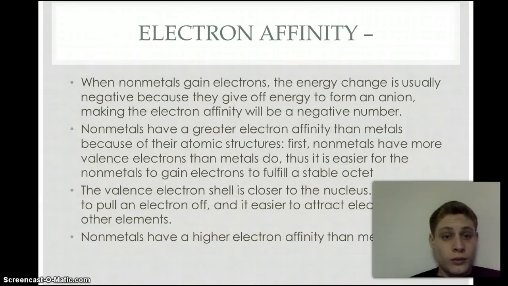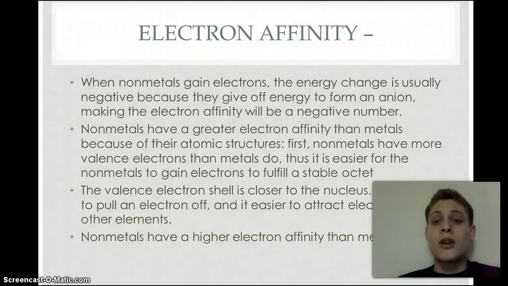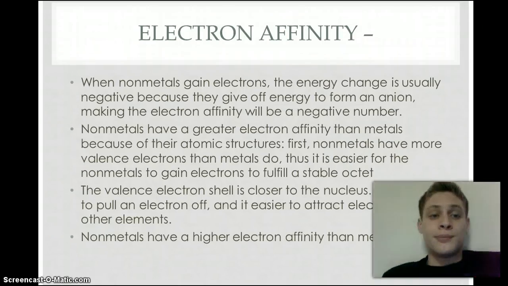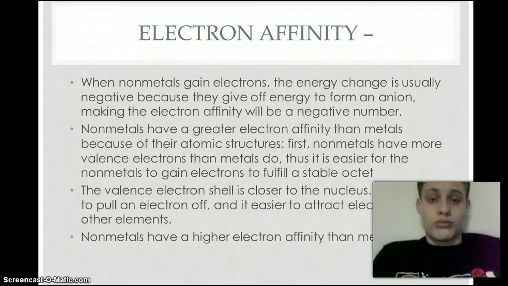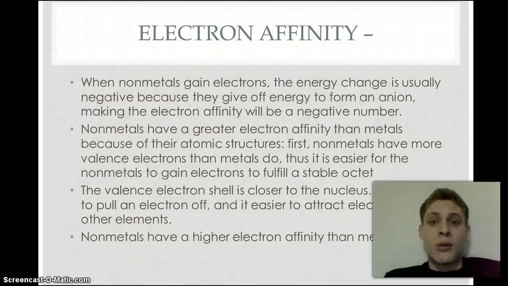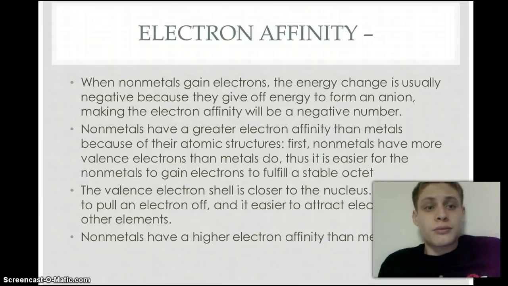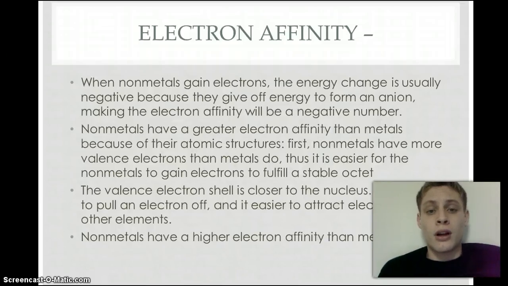So, nonmetals. When nonmetals gain electrons, the energy change is usually negative because they give off energy to form an anion, making the electron affinity a negative number. Nonmetals have a greater electron affinity than metals because of their atomic structure, the way the atom is set up.